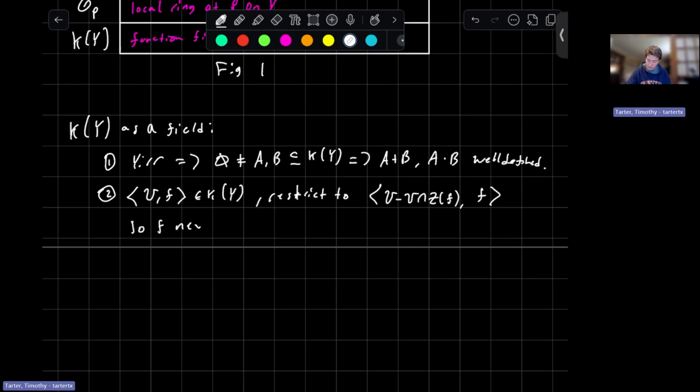So F never vanishes, and what this means is that 1 over F is also defined on U minus U cap Z of F, so 1 over F is in K of Y. And really that's a very interesting construction on its own. I think that's a pretty neat thing.